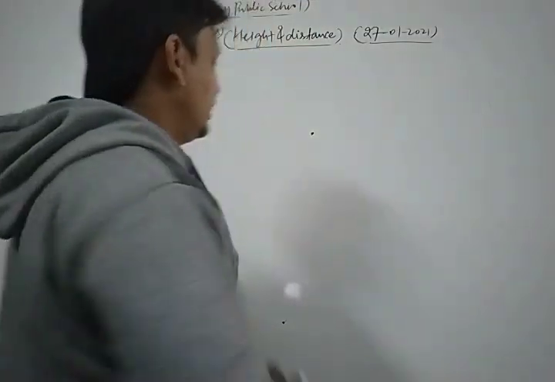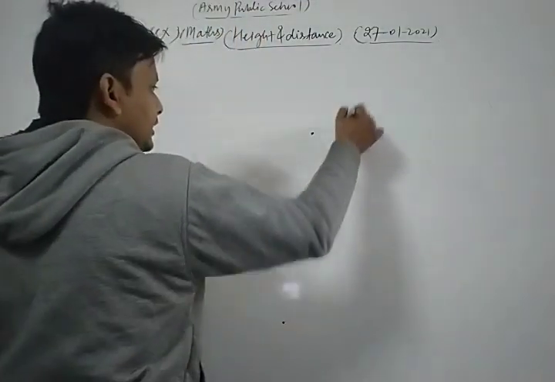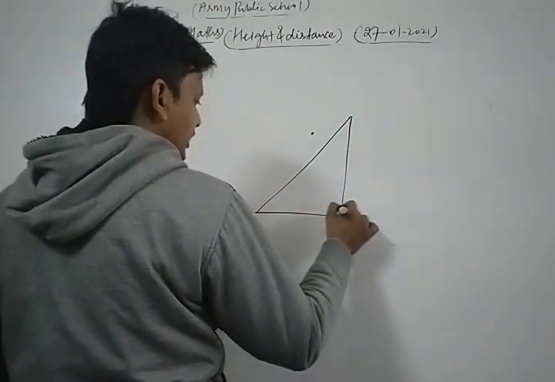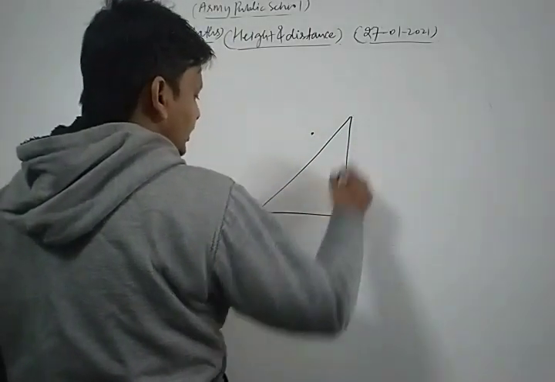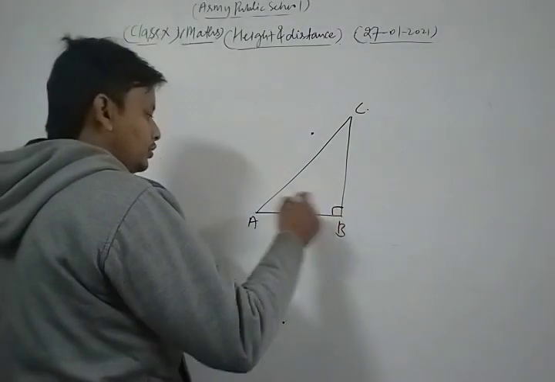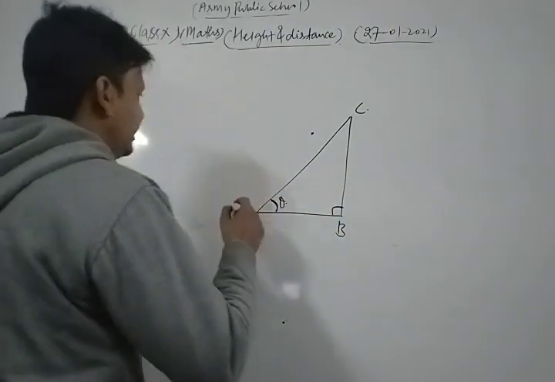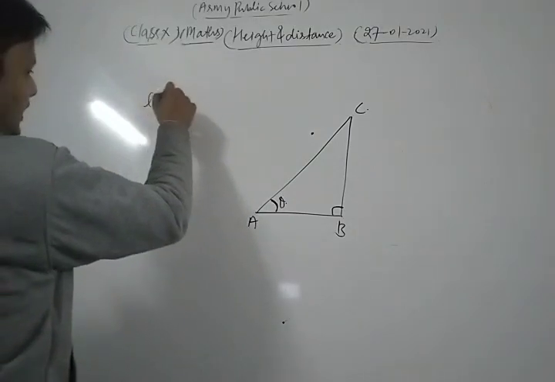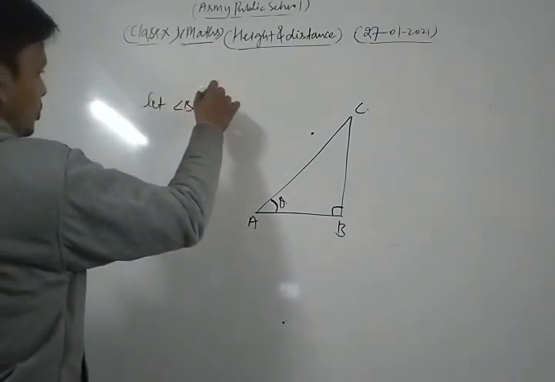Suppose that in any right angle triangle ABC, angle A is theta. Let angle BAC be equal to theta.